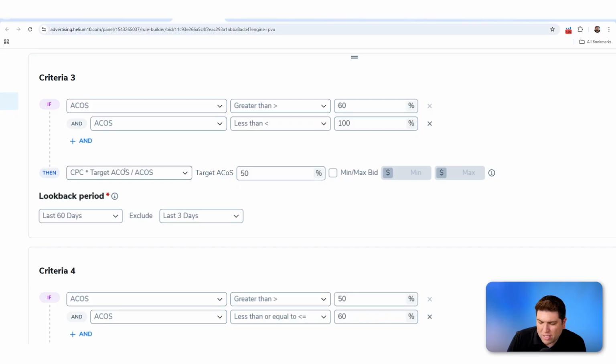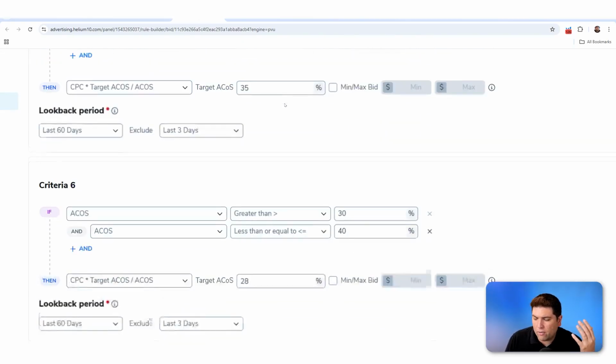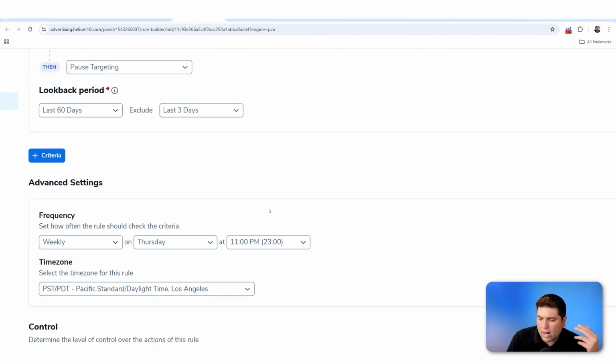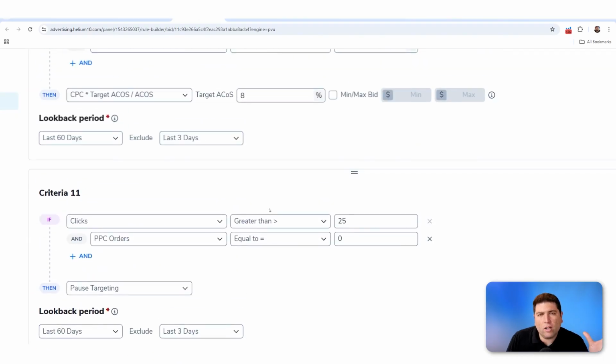But this basically is saying, take what my cost per click was and multiply it by my target ACOS, divided by whatever ACOS I had. And then that's theoretically going to get me closer to my target ACOS. And I have this whole set of rules where I just bring it down, including a rule where I say, if it's an actual target, pause the target instead of negative matching it, if it hits a certain criteria.